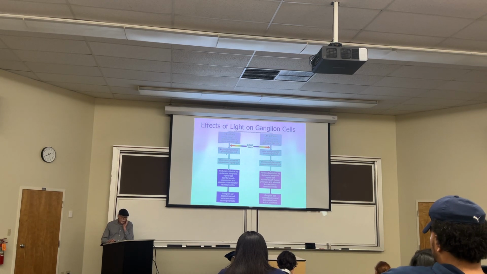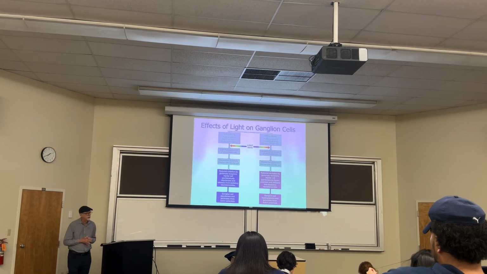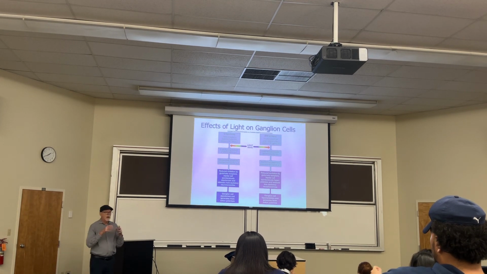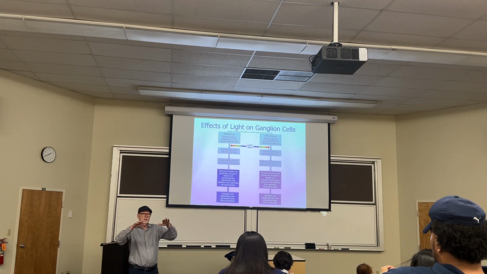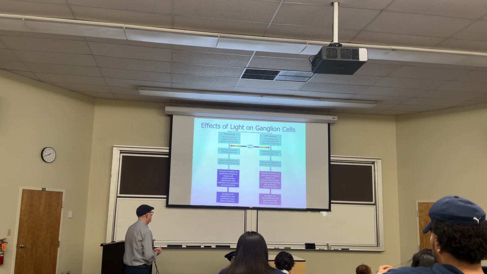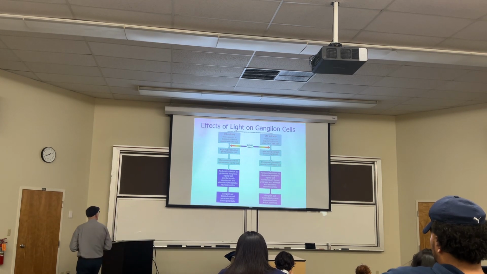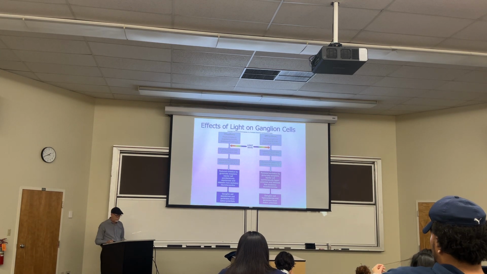Now, that will cause in both pathways less glutamate to be released, because the glutamate is released due to the depolarization. The hyperpolarization causes less glutamate to be released. The light causes less glutamate to be released in both pathways.